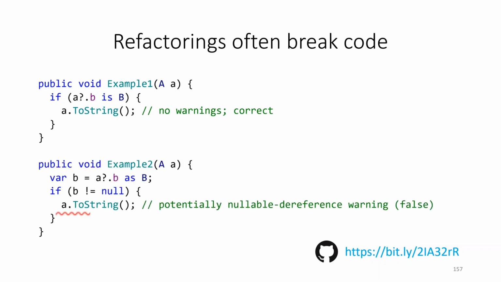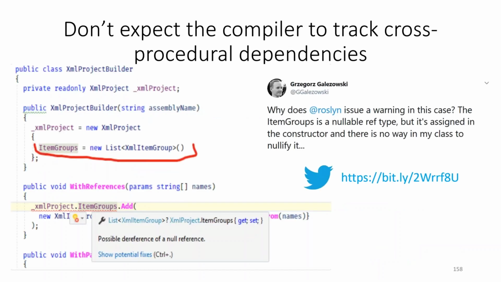And as soon as I extract a variable from it, instead of a simple if statement that the compiler can process, there is now an implicit dependency between two variables, and this is already too complex. So it reports a potential nullable dereference warning, which is false in this case, and your code is broken.